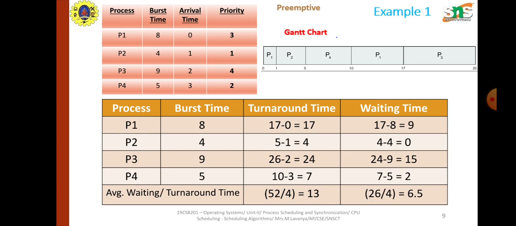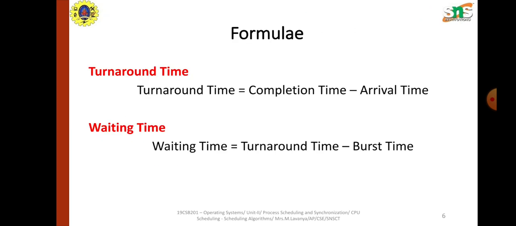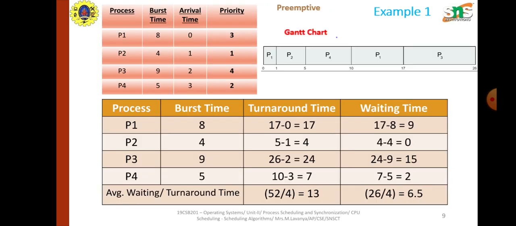Using this Gantt chart we will find the turnaround time and waiting time. The formula for turnaround time is completion time minus arrival time, and waiting time equals turnaround time minus burst time. For P1, the completion time 17 minus arrival time 0 equals 17.